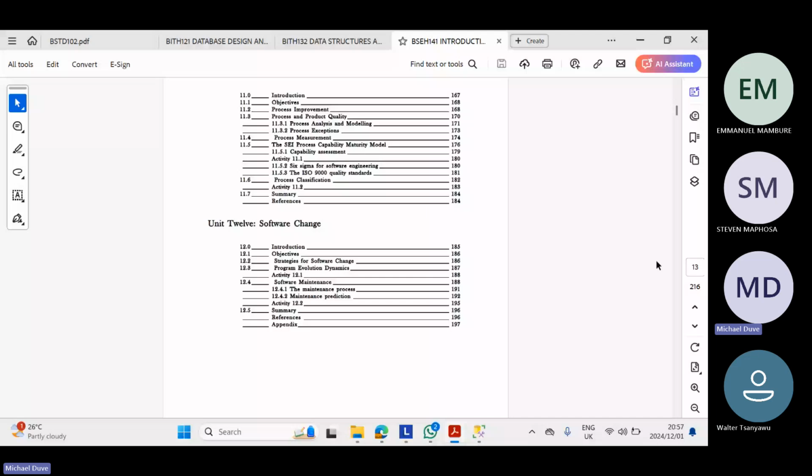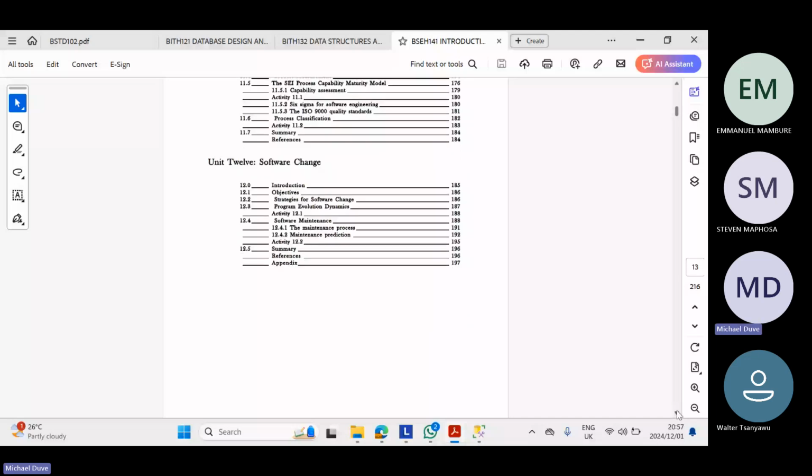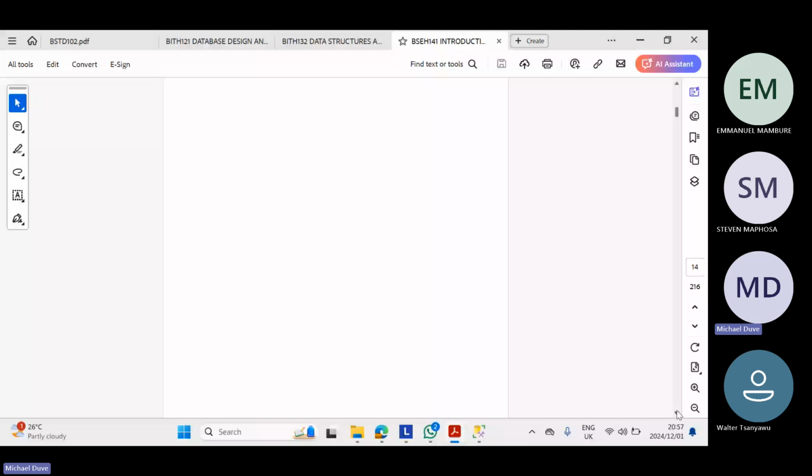Then we also need to look into software changes. Software keeps on changing, just like Windows, right? I started using Windows when it was Windows 95. Then it moved to Windows 98, Windows 2000, Windows Millennium. Then we had Windows XP Service Pack 1, 2, 3 and 4.